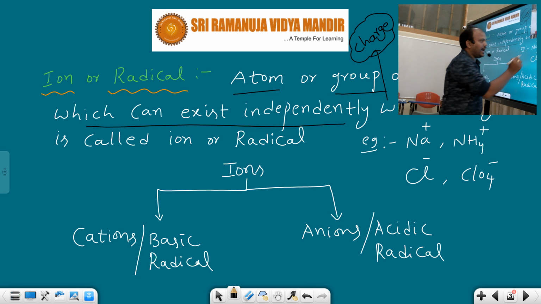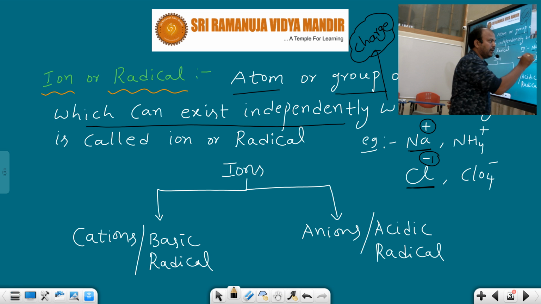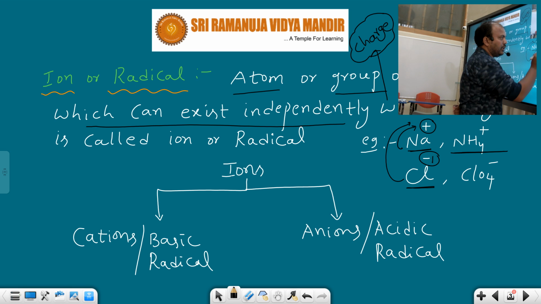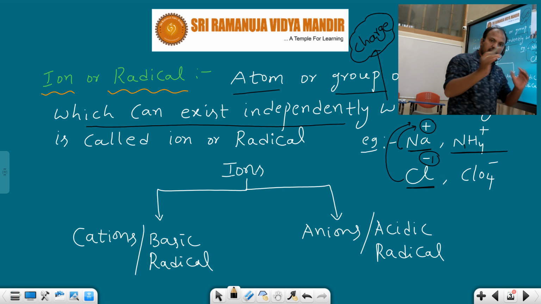If you take an atom containing a positive charge, it is sodium plus ion. Here chlorine gets a minus charge. So either an atom gets a positive charge or a negative charge, that is called an ion or radical. If you take a group of atoms, here one nitrogen and 4 hydrogens have a charge of plus 1.